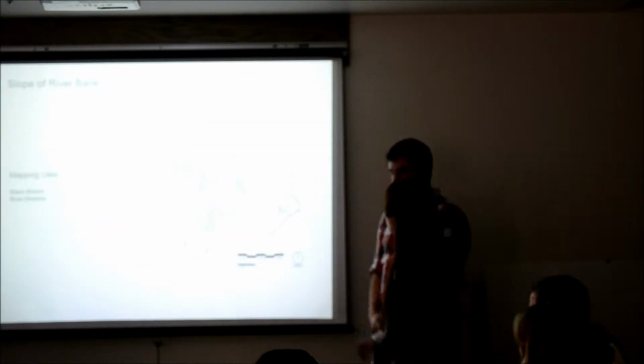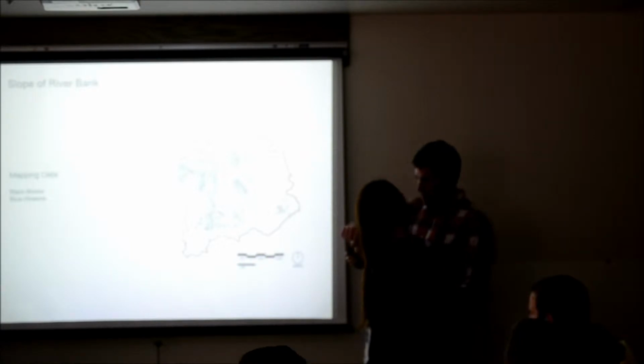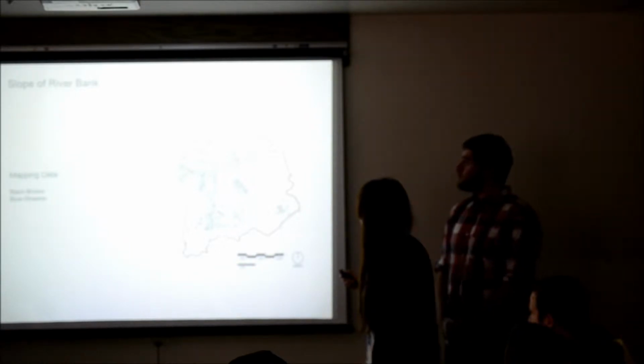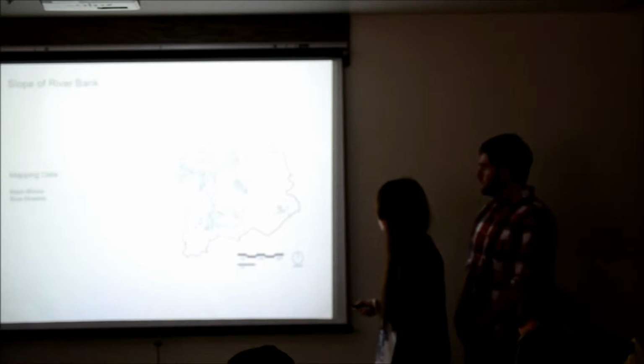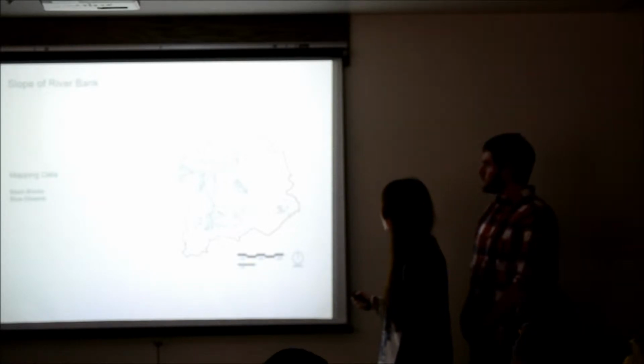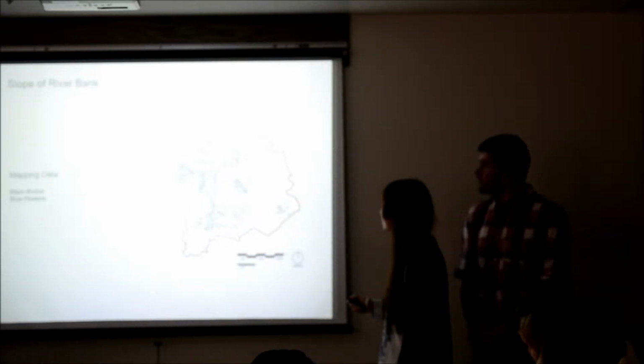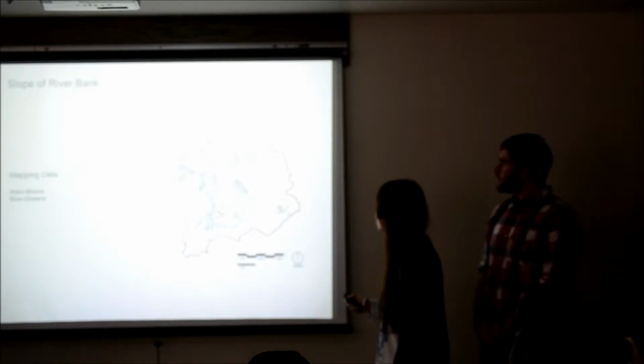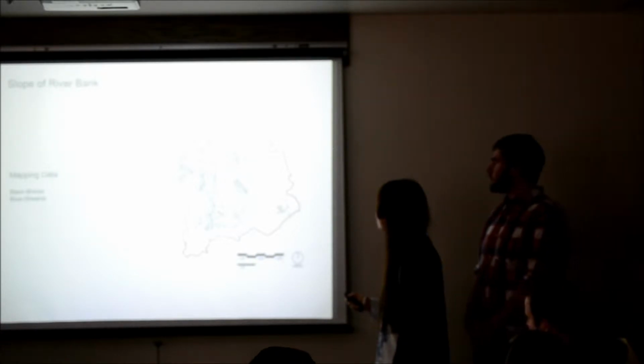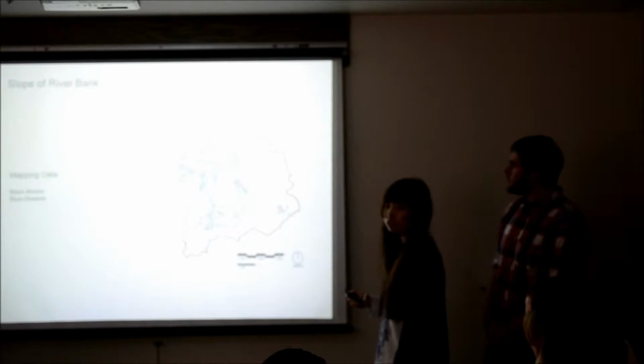And here it shows the streams in Guangming district, and here are the blocks showing it. You can see the distance between the blocks and the river, and how its general look is.